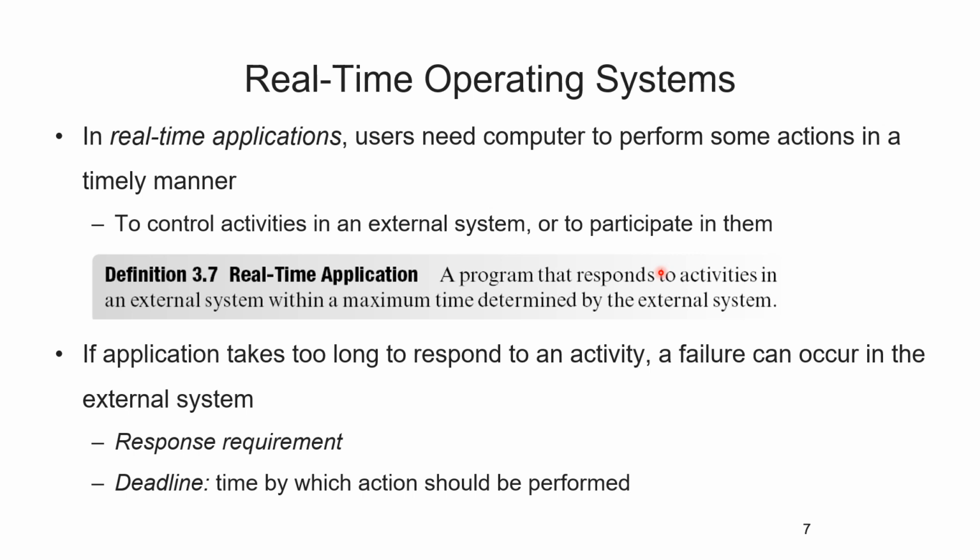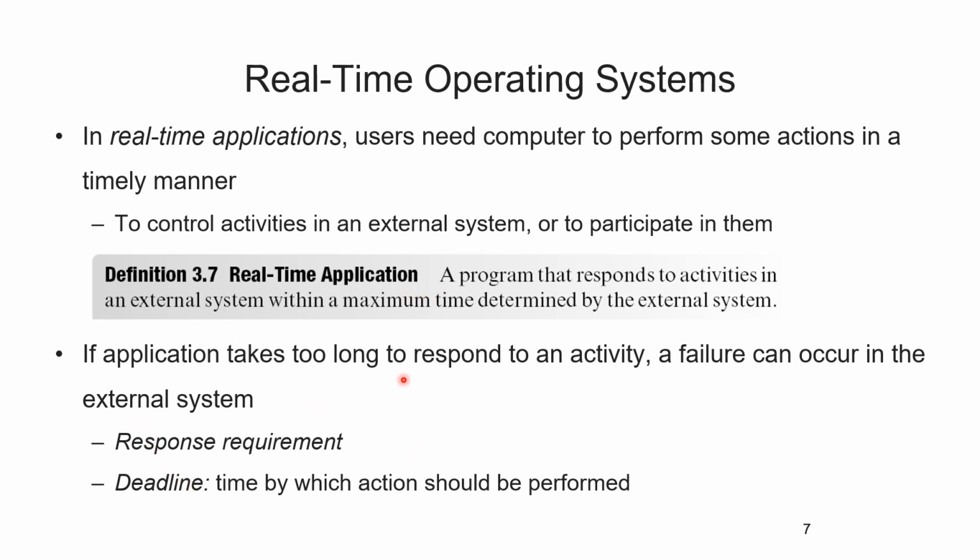Okay, so the timeliness of action is determined by the time constraints of the external system. So according to this I can define the real-time application: a program that responds to activity in an external system within a maximum time determined by the external system. So within the maximum time that particular external system must respond to the event. So this is called the real-time application, the real-time operating system.